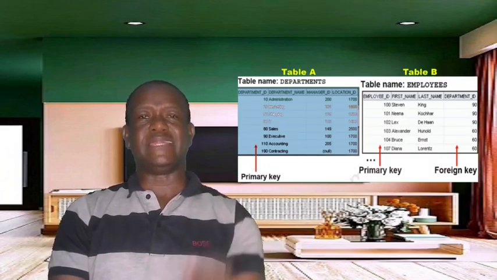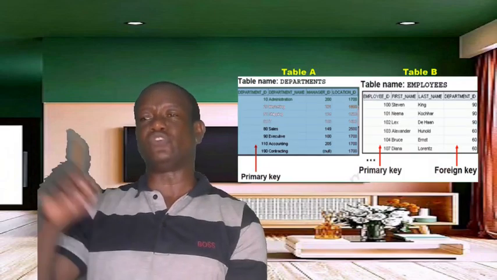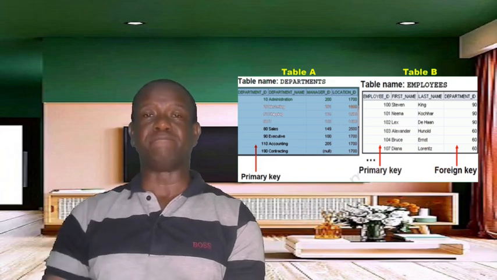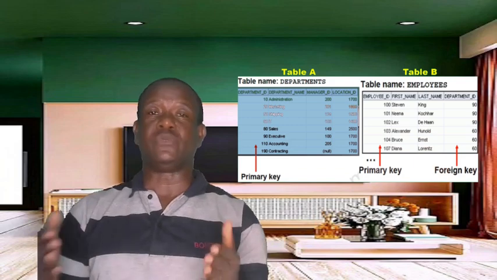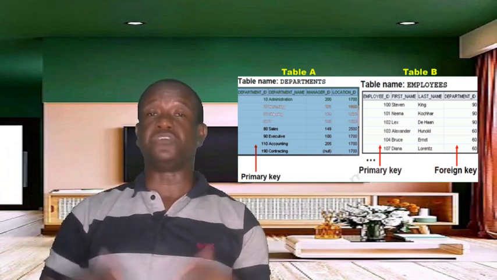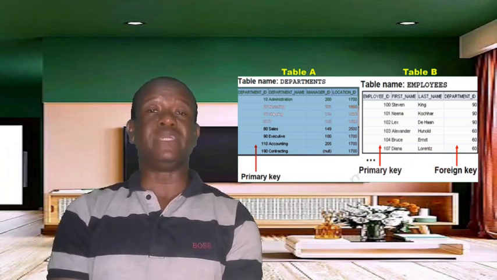And with this column, we're able to establish a relationship among them. What I'm saying is you have table A that has a column that is also present in table B. So with this, you have established a relationship between them. The column can bear the same name, or sometimes their names could be different.